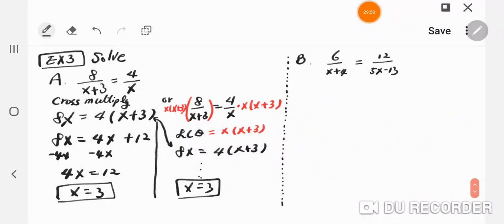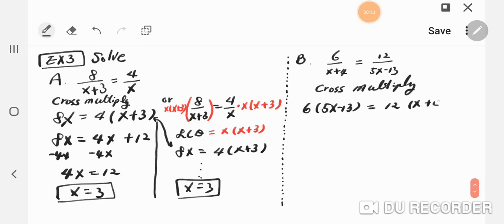Okay, letter B. Let's solve this equation. Why don't we try cross multiply, because the equation has one fraction on each side. So we will do cross multiply. Then 6 times 5x minus 13 is equal to 12 times x plus 4.